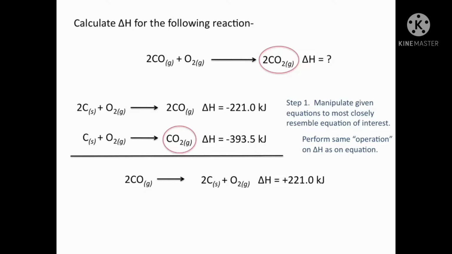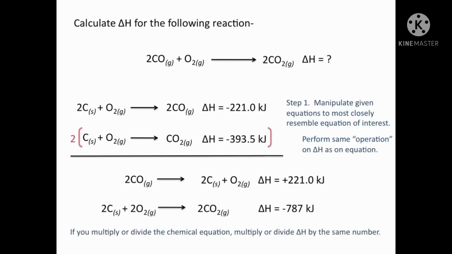And so for this equation, I need to multiply it by 2, so that I have 2 moles of CO2 and it more closely resembles the reaction of interest. And when I multiply the reaction by 2, I need to multiply the whole equation by 2. I think it helps to draw parentheses around the entire equation. So this gives us 2 carbon plus 2 O2 gives us 2 CO2.